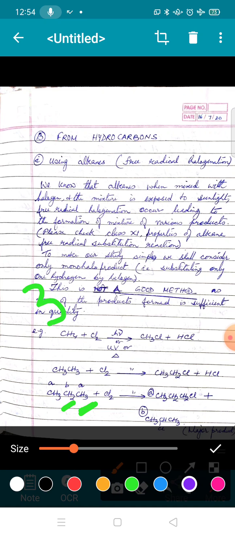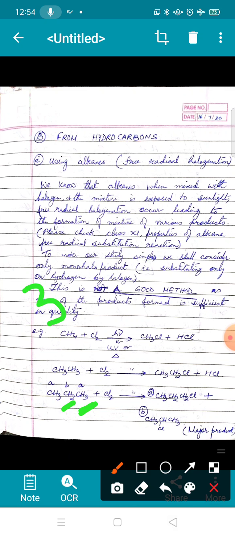Now since the two products are not same, we have to understand which product is going to be the major product. Now the answer is based on stability of free radicals. For this you need to go back to the class 11 notes where we have done the stability order of various intermediates, free radicals, carbocations, carbanions.